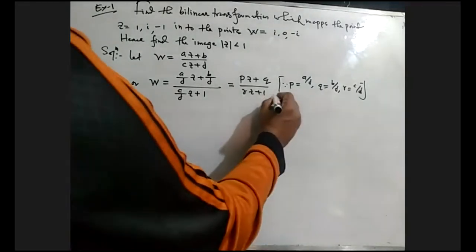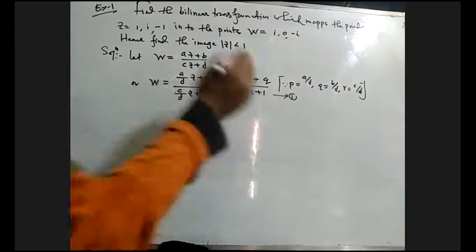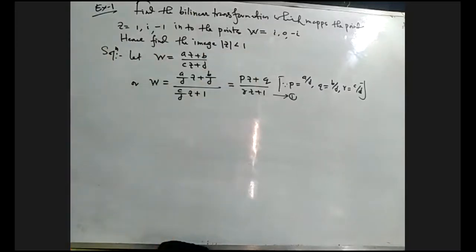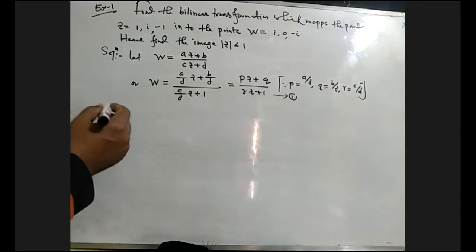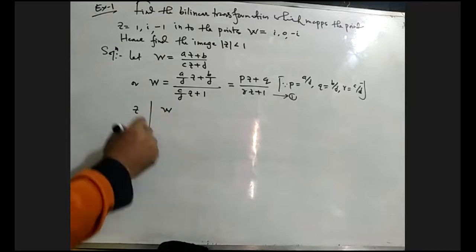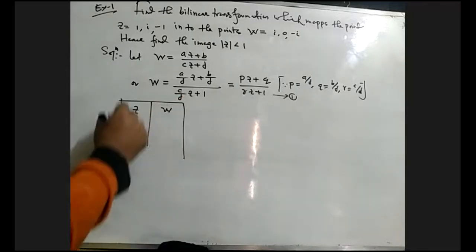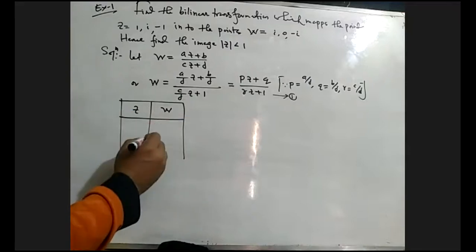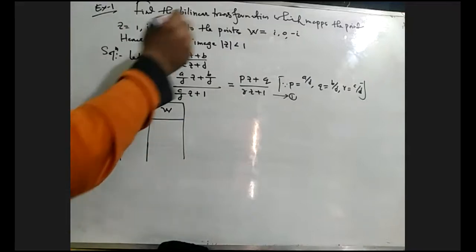So this is equation number 1. This is the W equals to this one. Now if you transform the points, suppose this is the Z and this is the W. So if we take the Z points, how many Z points?